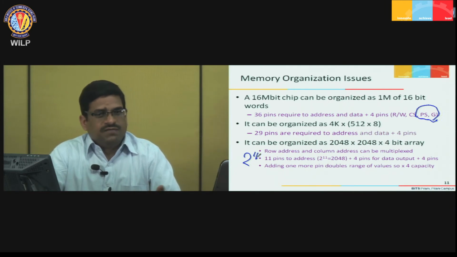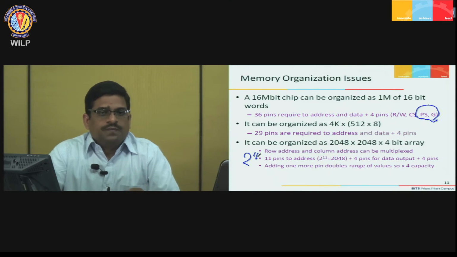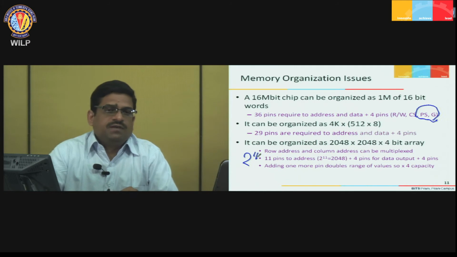One time it will represent the column address, one time it will represent the row address. So, 11 pins and then 4 pins for the data output, because each column is giving me 4 bit output. For each bit 1 pin will be required, and 4 pins are the control pins, which are required.